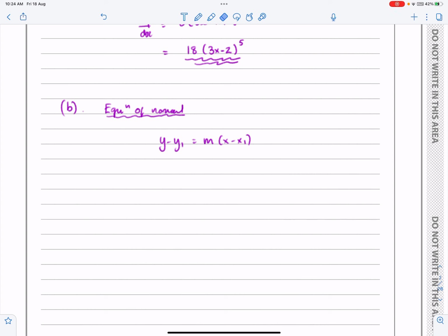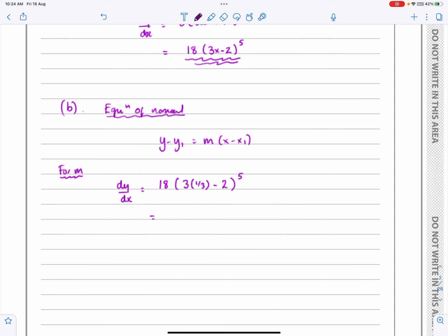So, explaining that to the examiner, I'm going to say for m, because we've got the other ones, dy by dx was equal to 18 lots of (3x minus 2), so that's going to be 18 lots of (3 times a third minus 2) all to the power of 5, which gives us 18 times (1 minus 2) to the power of 5.